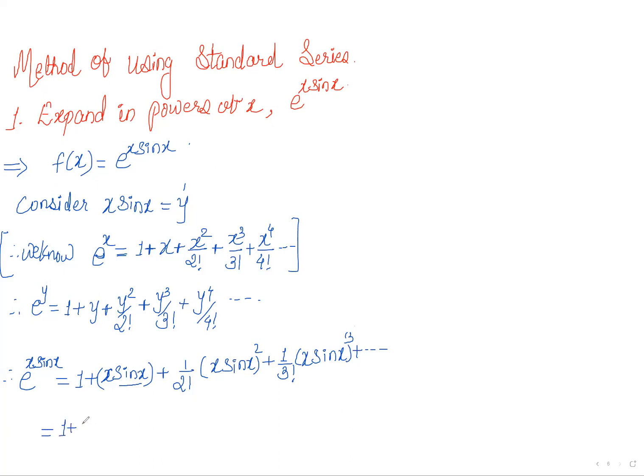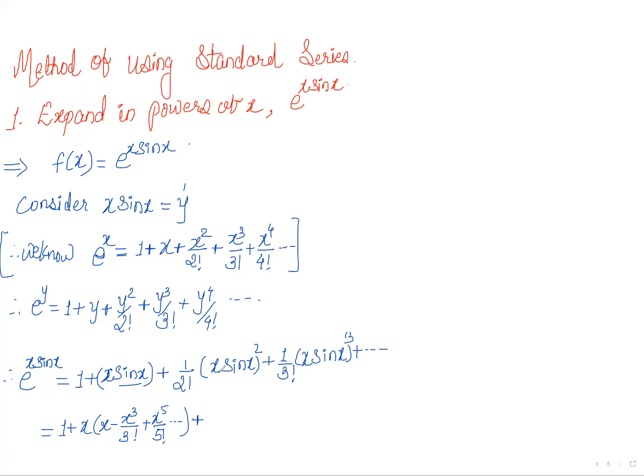So 1 plus x into, in bracket, the expansion of sin x, that will be x minus x cube by 3 factorial plus x raised to 5 by 5 factorial and so on.